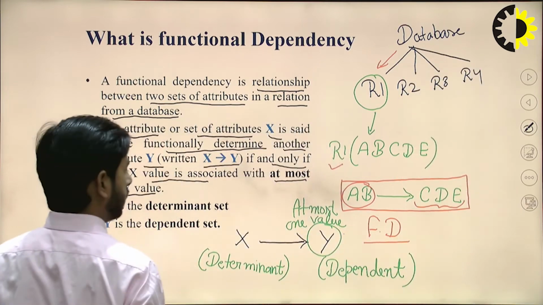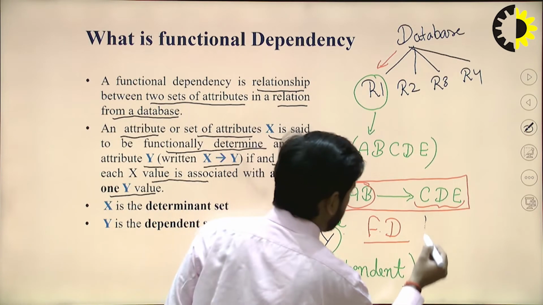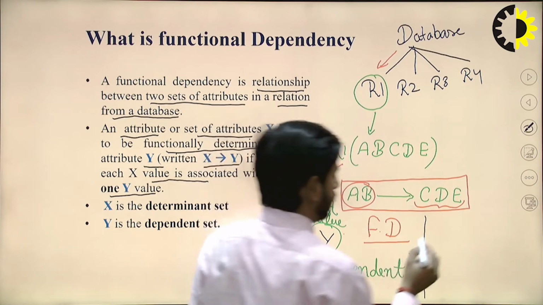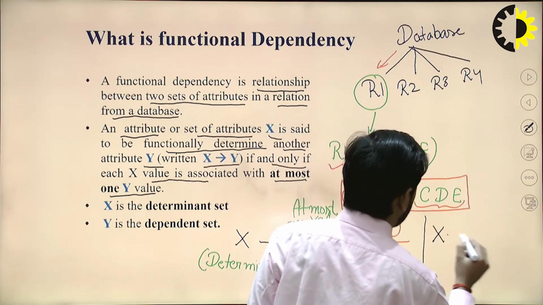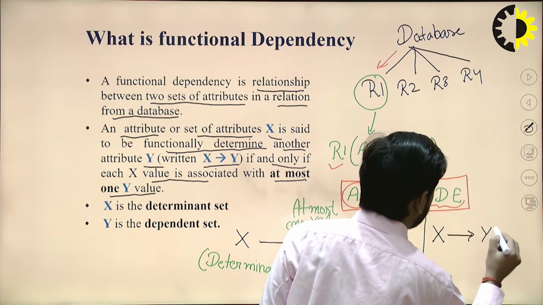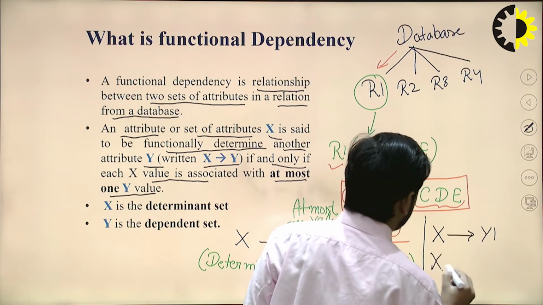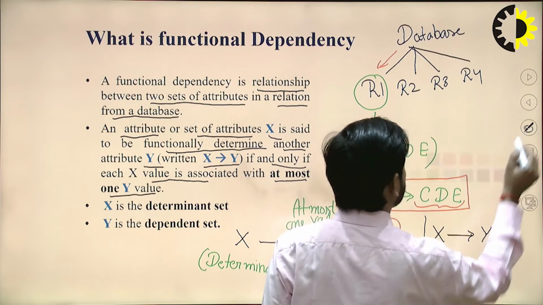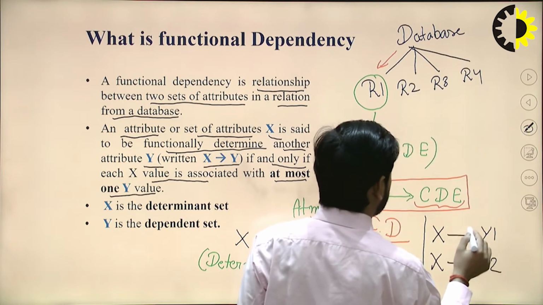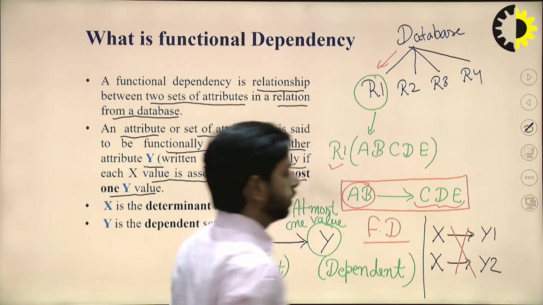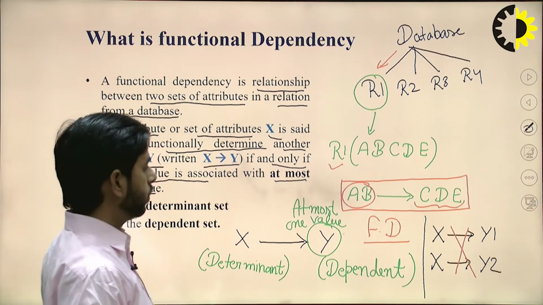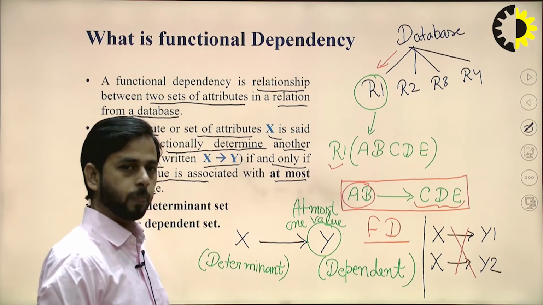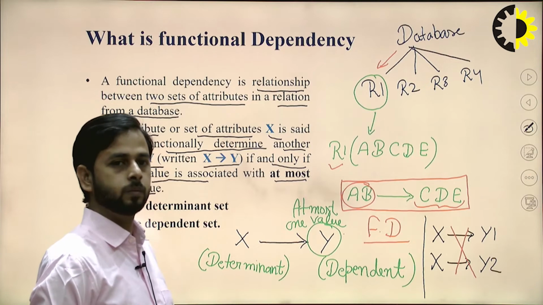Suppose X determines some y1, and X determines some y2. This should not be allowed. There is only one Y corresponding to one X.